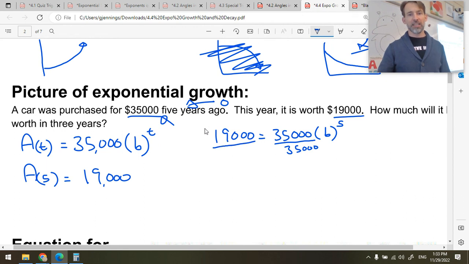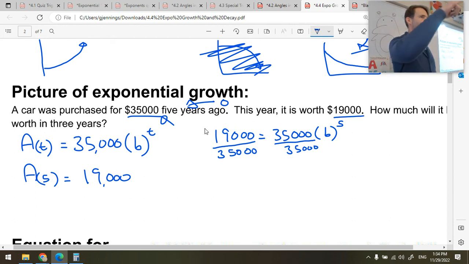And notice that 19,000 divided by 35,000 is a janky decimal, but it is a number smaller than 1, but bigger than 0. Your exponential decay growth factor is always going to be between 0 and 1. It'll be things like 0.7 would be 30% shrinking. 0.8 would be 20% loss.